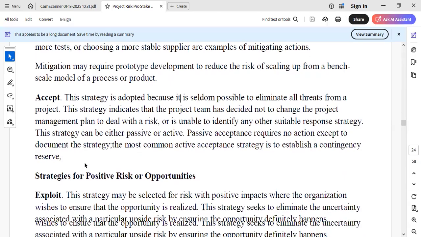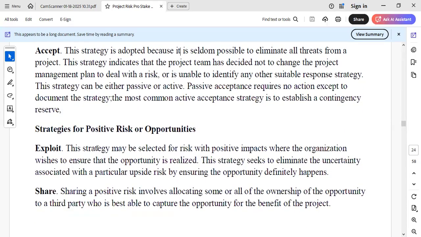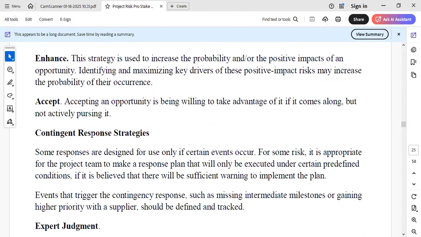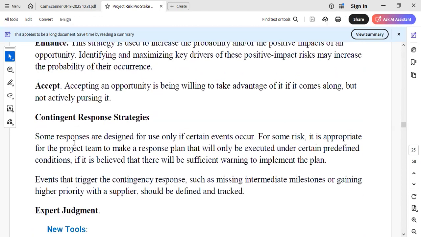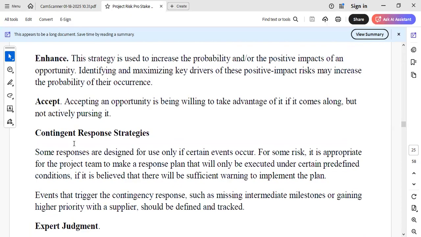Now, when we move on to the positive risk response strategy, we have what I call the C. Yeah. I think something jumped out of it.